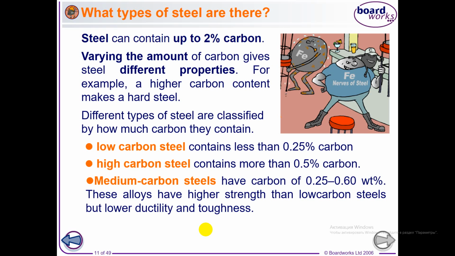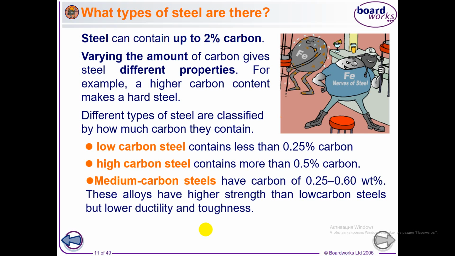They have a yield strength of about 450 megapascal, tensile strength of around 600 to 800 megapascal, and a ductility of about 15 to 20%.